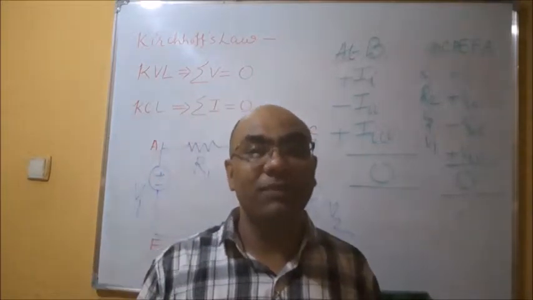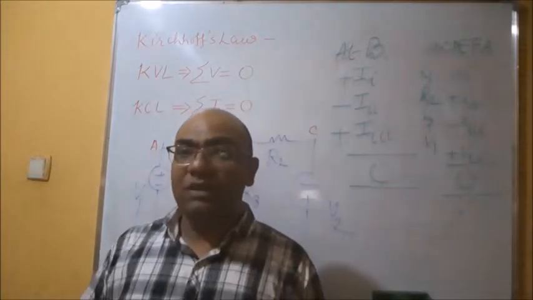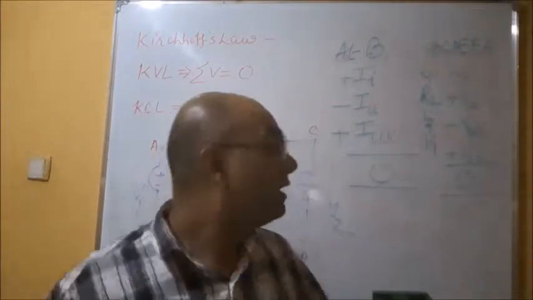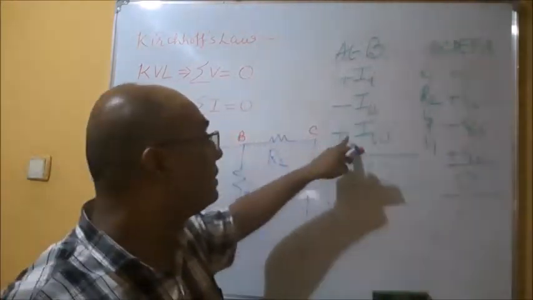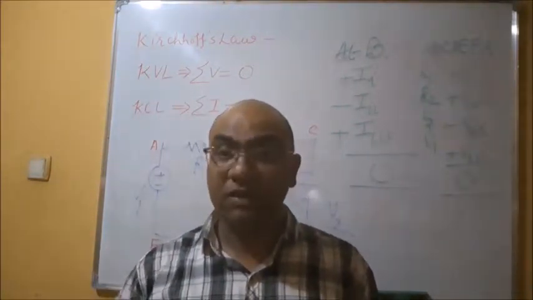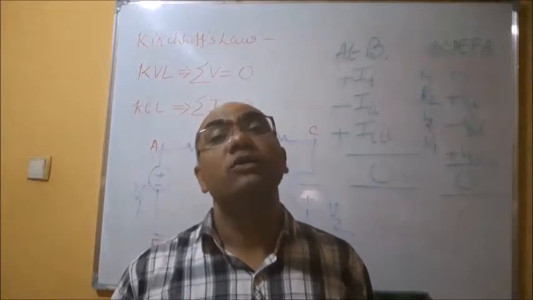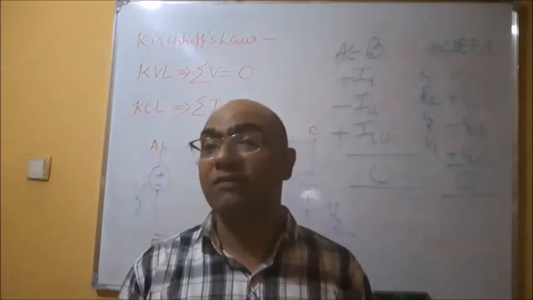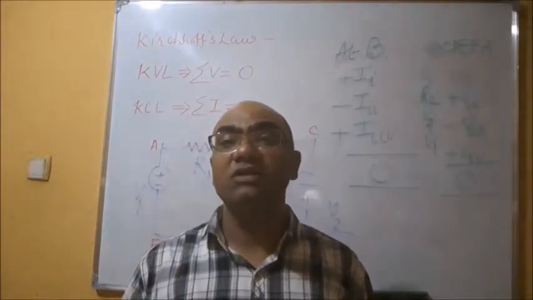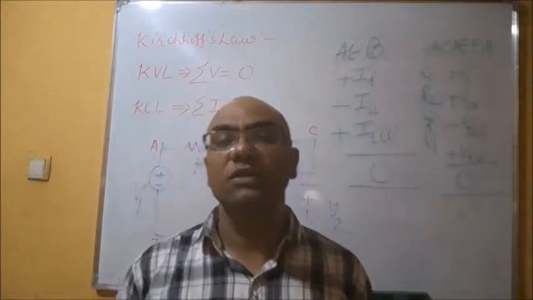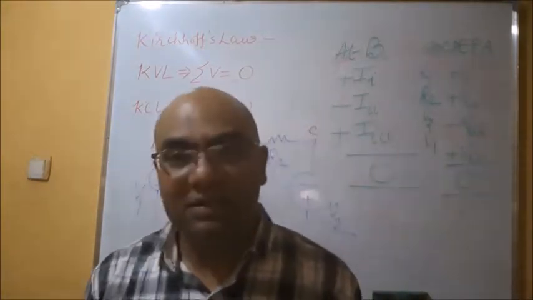This is called KVL. I am again telling you that which one will be positive and which one will be negative, we will see later when we try to solve numericals, or when I tell you the methodology used to solve problems using KVL and KCL.